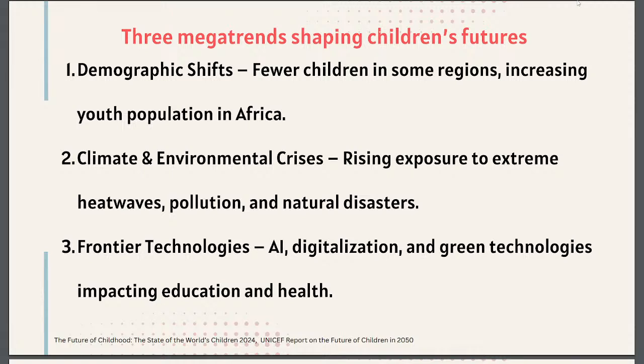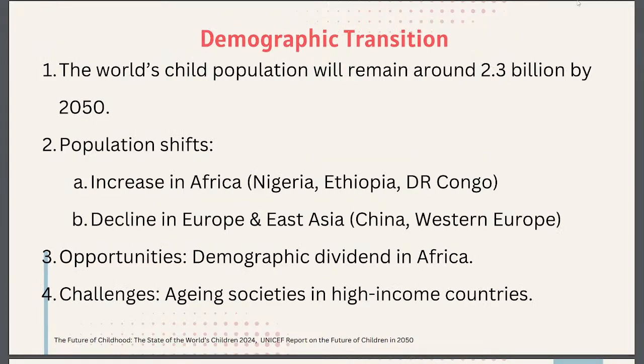And finally, frontier technologies: AI, digitalization and green technologies impacting education and health. So, certain details of this. The world child population will remain around 2.3 billion by 2050. The population shift is that there will be an increase in Nigeria and Ethiopia because of better survival.